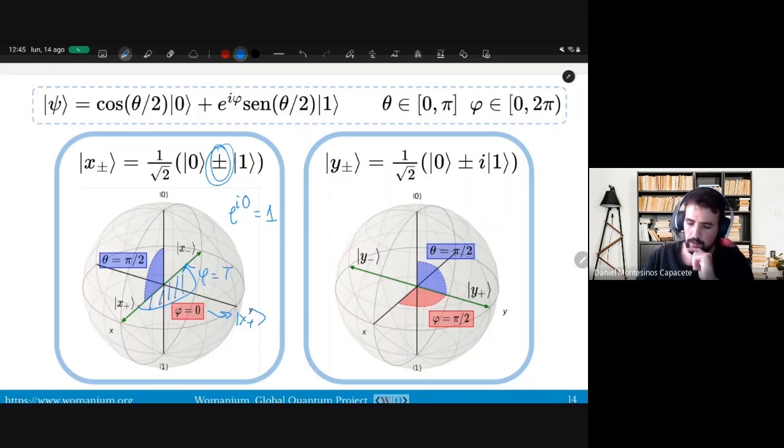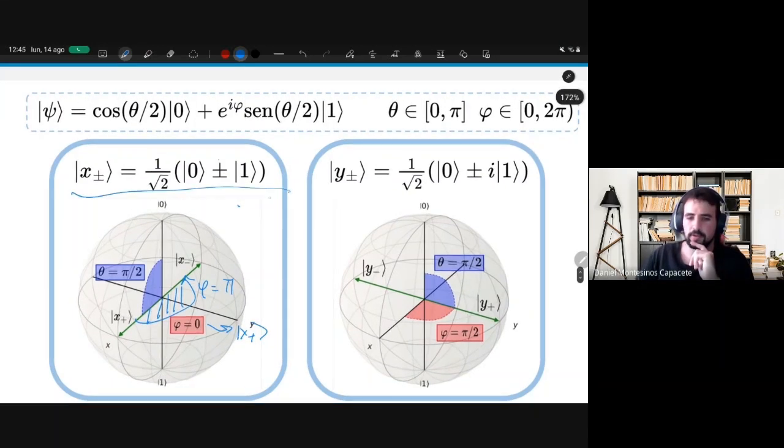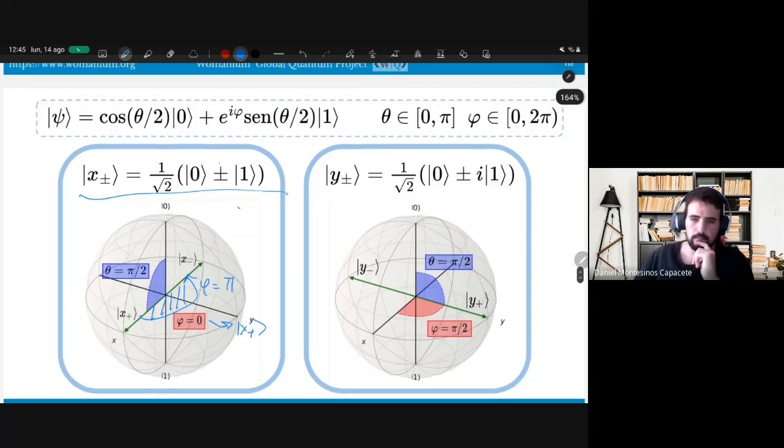In this case, it will be pi, right, or 180 degrees. So this complex number equals minus 1, right? So that's why you get the minus here when you have phi equals pi. And this vector is the one that we were discussing the other day when doing the Stern-Gerlach experiment and the Pauli matrices, right? This is that vector.